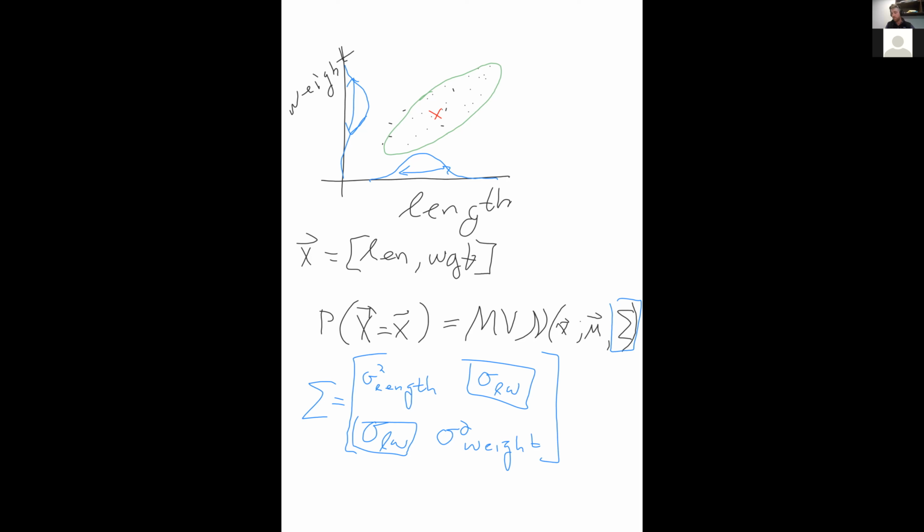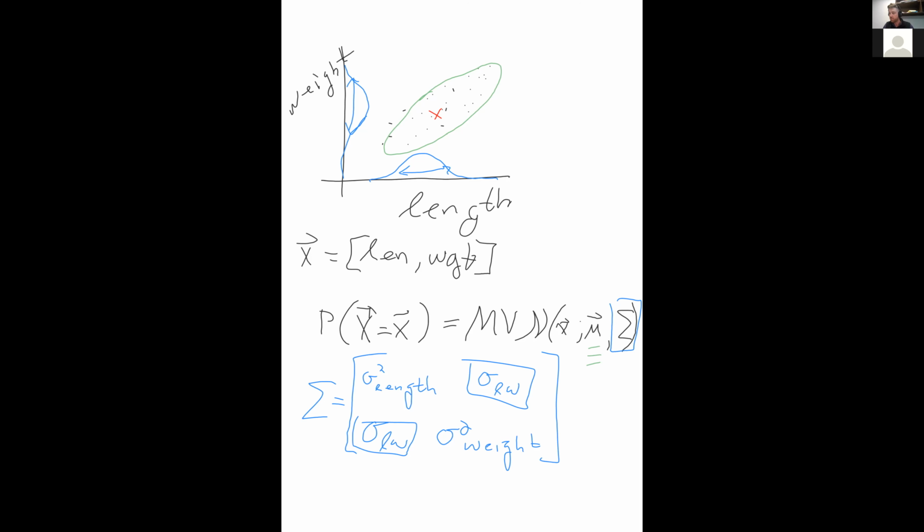And this has a cost, of course, in the sense that even though we've only got 2 random variables, each of which, if we were modeling them using univariate normal distributions, would have 2 parameters each, right? A mean and a variance.